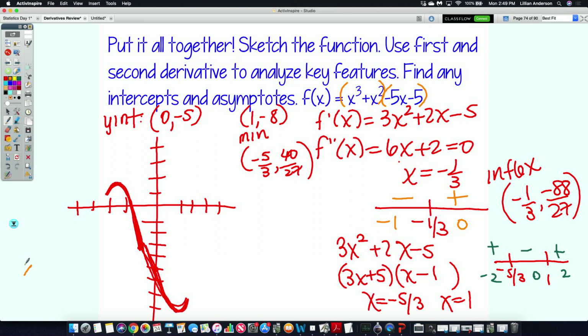You can pull out an x squared, so it's x plus 1, and then you can pull out a -5, so we have x plus 1 again. So then it would be x squared minus 5 and then x plus 1. So I have an x-intercept at -1, and then at plus or minus the square root of 5, which is a little bit more than 2.